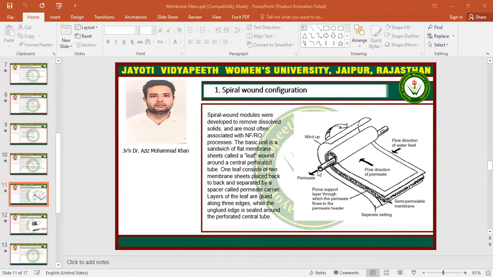It is a permeate spacer which will allow the molecules to pass through, and these are the pores which support the membrane to flow the permeate, and this is the flow direction, how the water will flow.